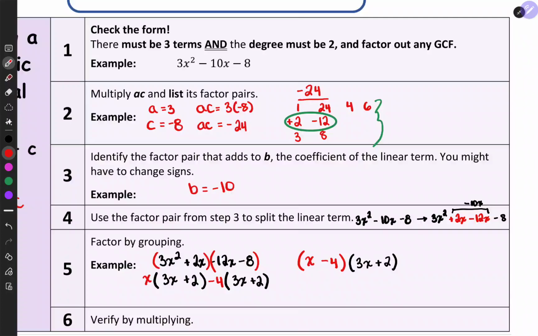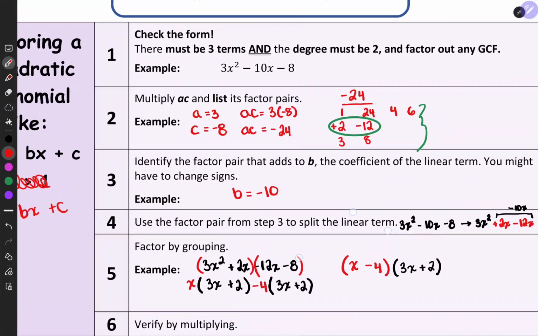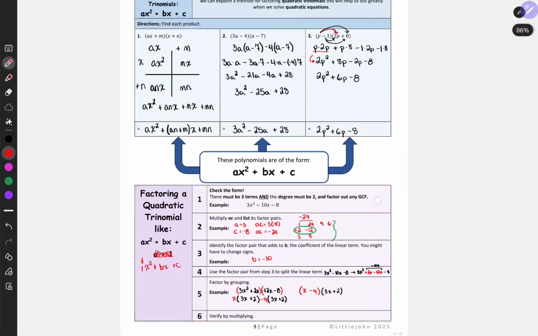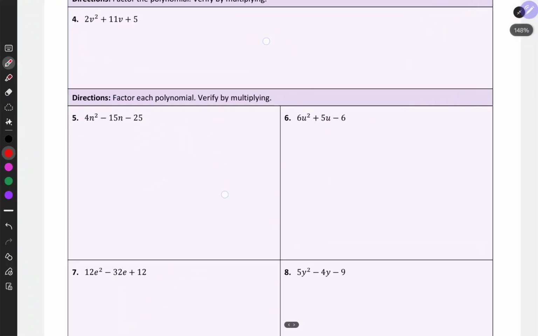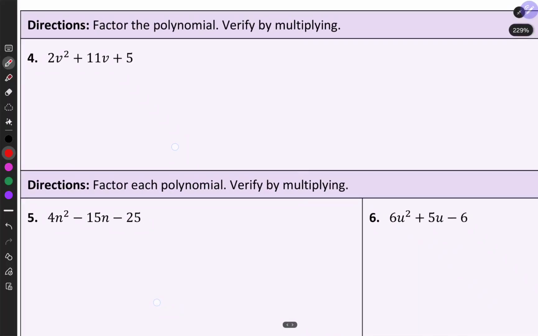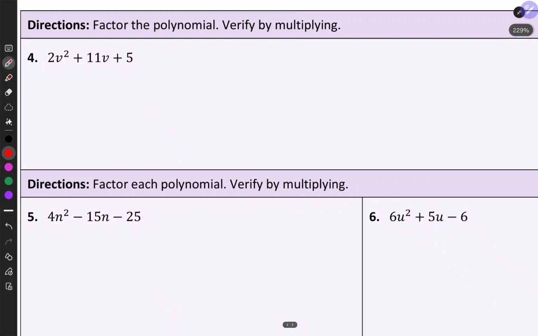So let's go ahead and do number 4. We're going to factor this polynomial and verify by multiplying. First step, we're going to multiply a and c. This is often called the AC method of factoring, but really it's just factoring.